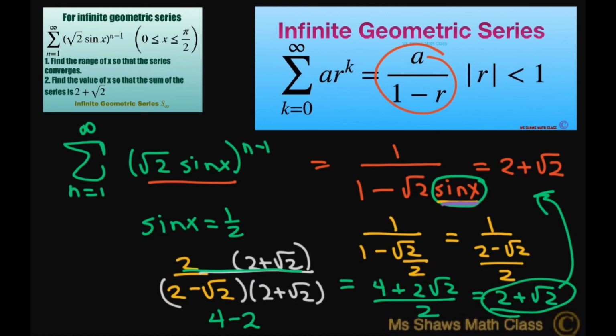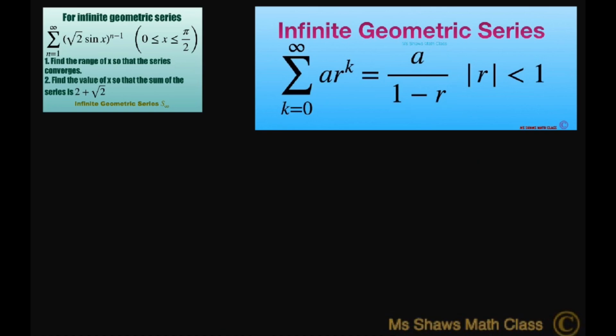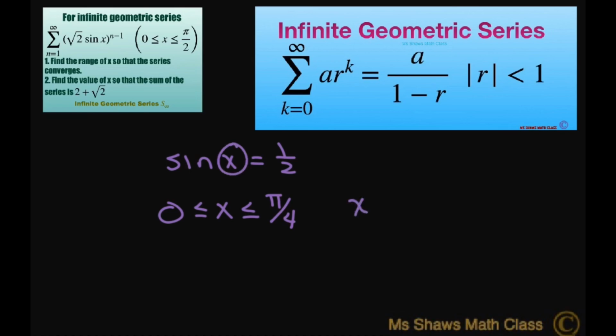So basically, our sine of x is going to be equal to 1/2, and it converges in this interval here from 0 to pi divided by 4, so that means our x itself has to equal pi divided by 6.